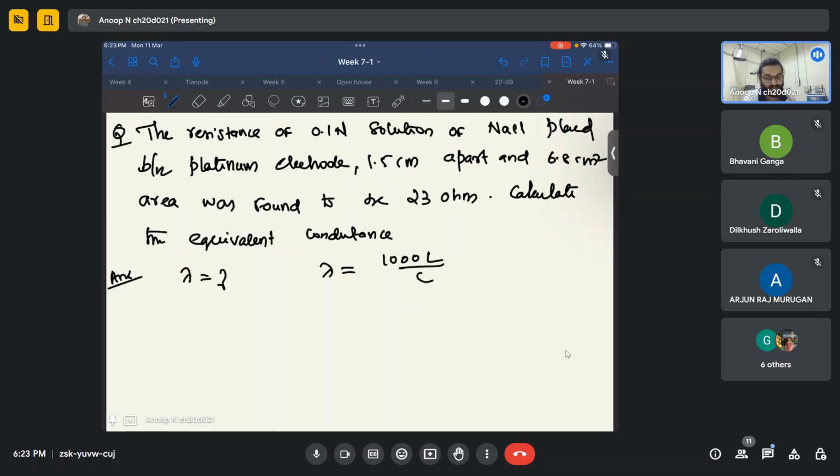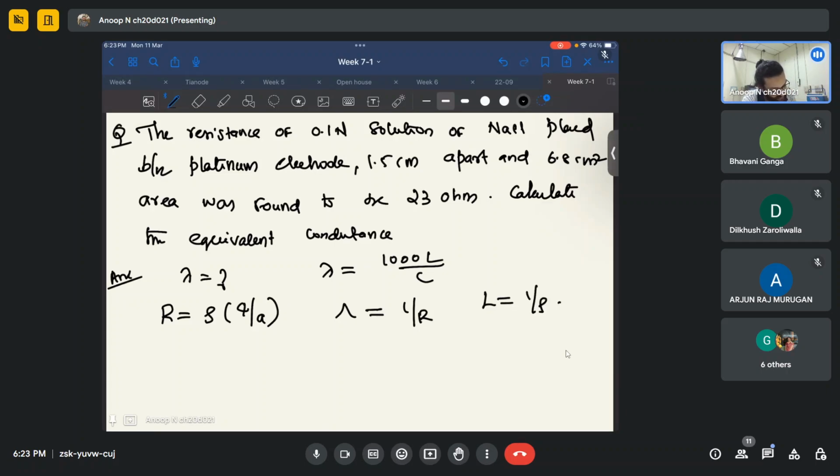In this portion, I will say there is no need to remember any formula. Only remember that R is equal to rho L by A. We have conductance, capital lambda, equal to 1 by R. Similarly we have capital L, which is specific conductance, which is 1 by rho.